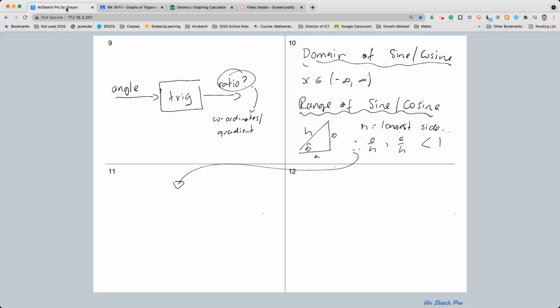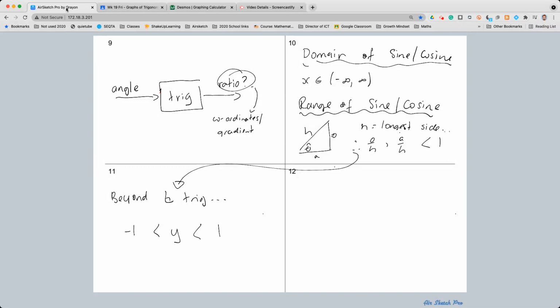You with me so far? Beyond the right-angled trig, we have the same values, but it's just that the values can be negative as well. Okay? So beyond the right-angled trig, we have y, which must be between 1 and -1.